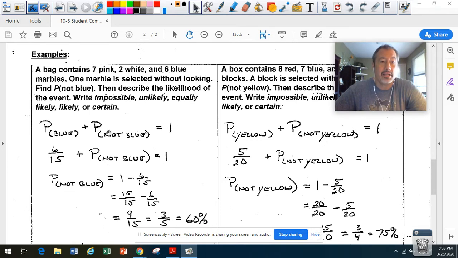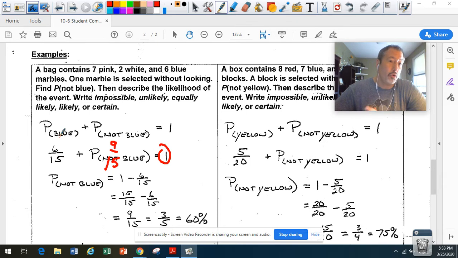Okay, this is going to equal 1 because if you think about this, I have 6 over 15 plus not blue, which is going to be 9 over 15. And 6 over 15 plus 9 over 15 is going to equal 1. So this here is our 9 over 15 because this is not blue.